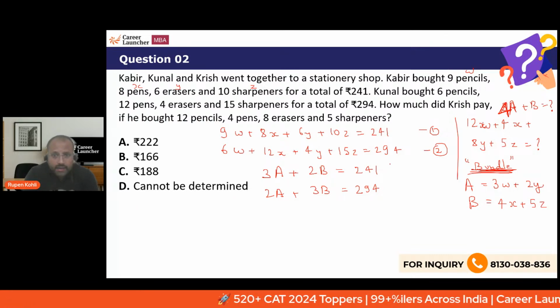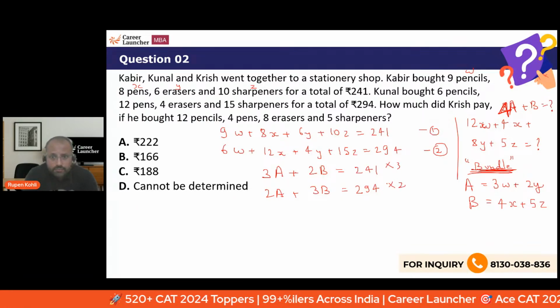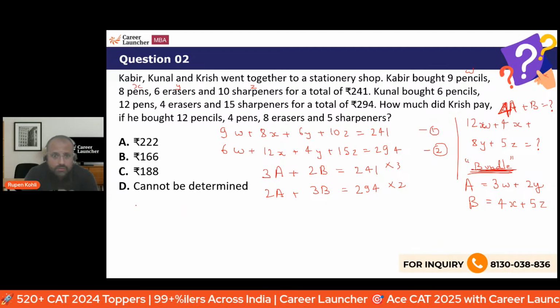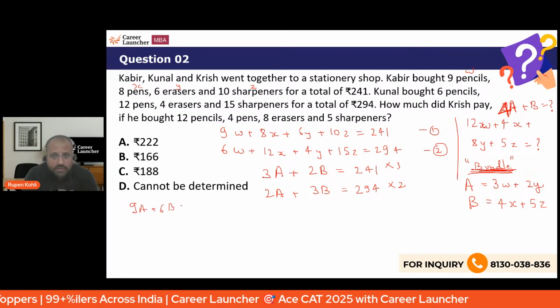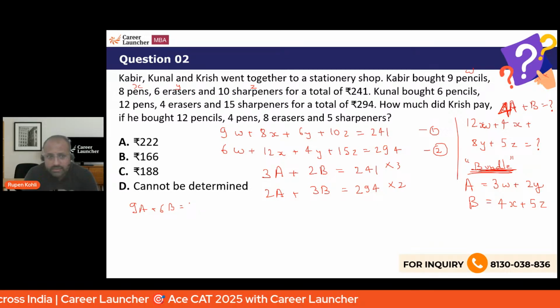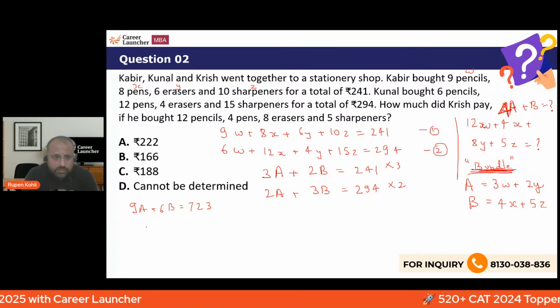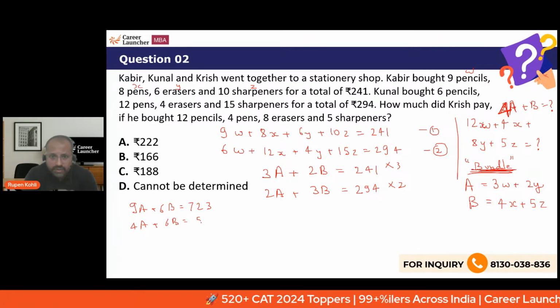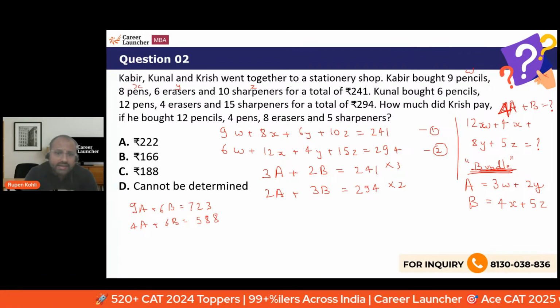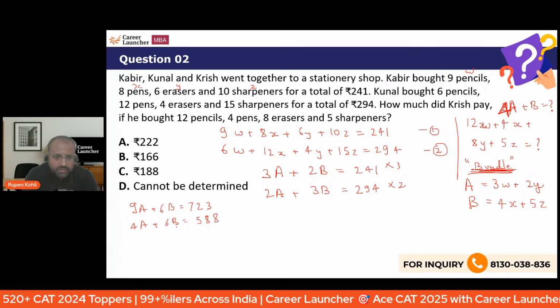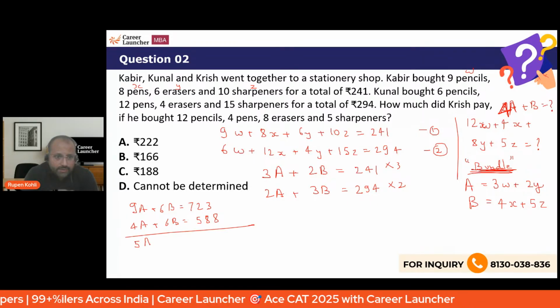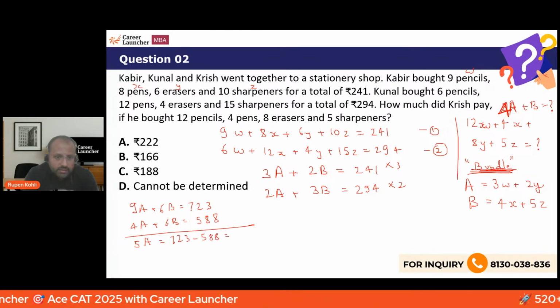Over here, I'm multiplying with 3, multiplying with 2 over here. So the first equation, 9A plus 6B, is 723, and the second equation into 2 becomes 4A plus 6B is 588, right? And then subtract, so 6B cancels. We are left with 5A is 723 minus 588, which is 135.